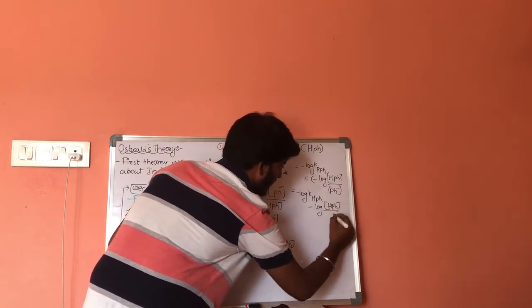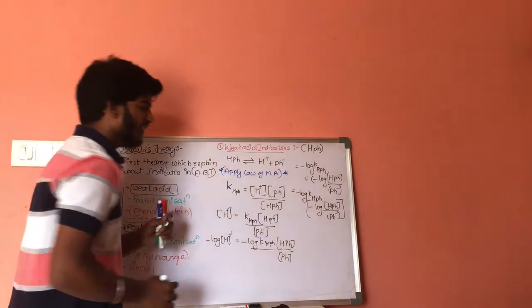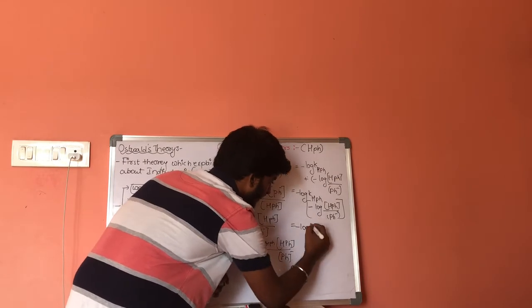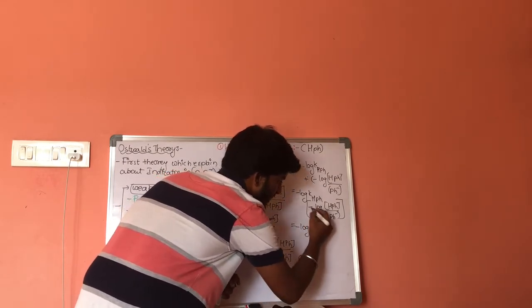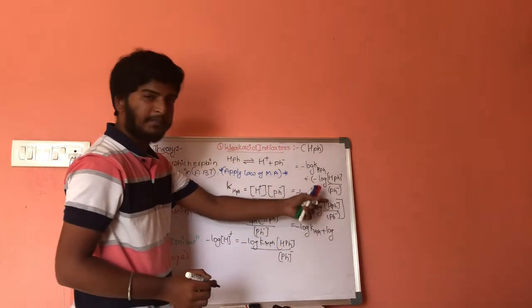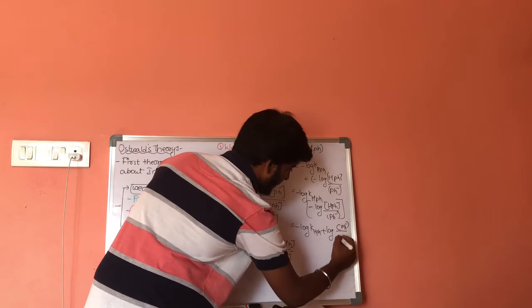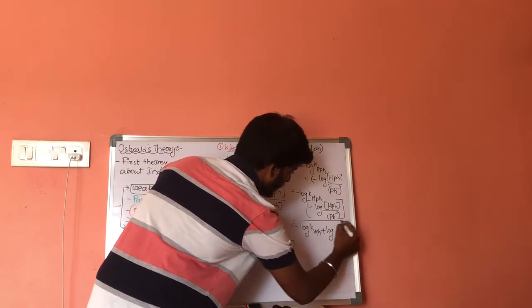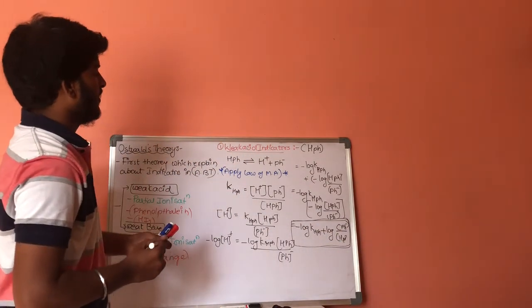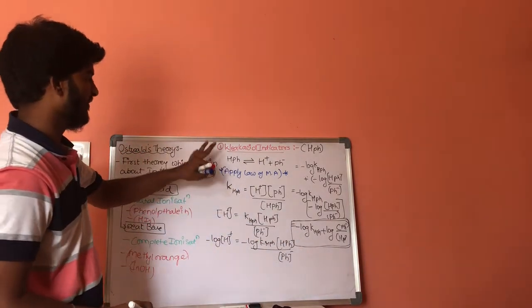Upon further simplifying, it can be written as minus log K HPh plus log of the concentration of Ph minus divided by the concentration of HPh, in the case of weak acids.